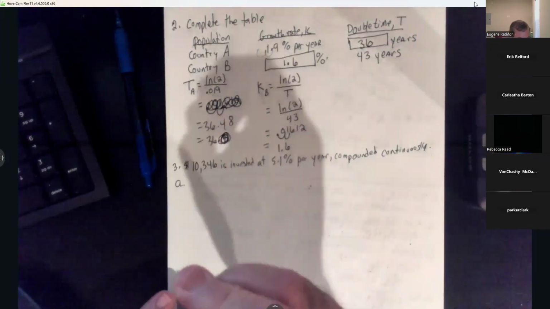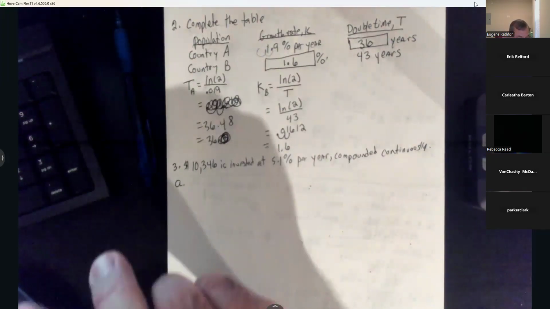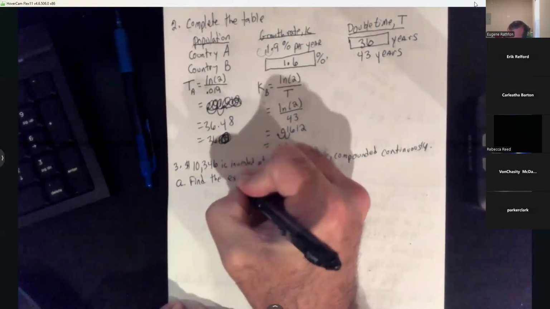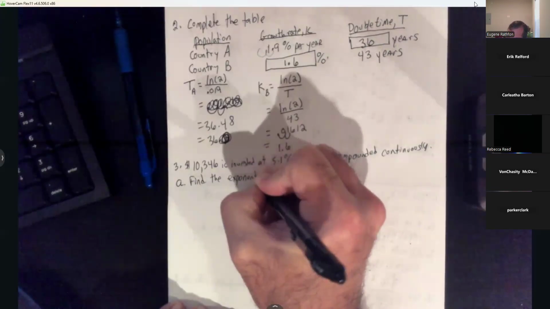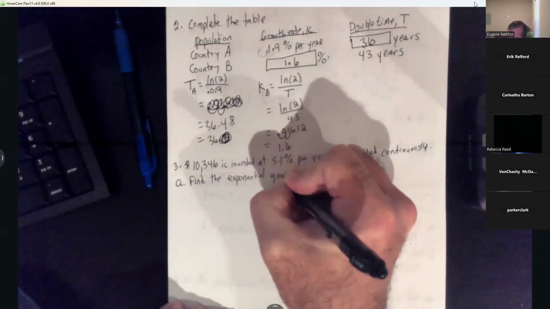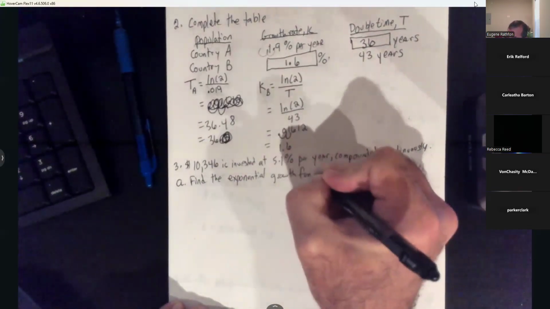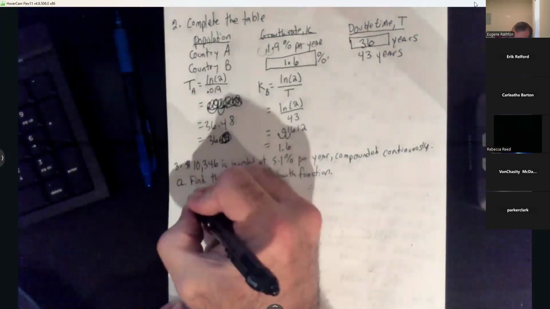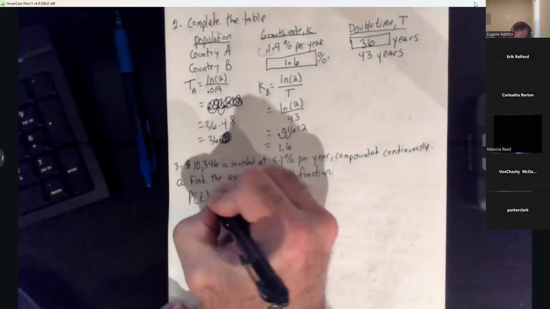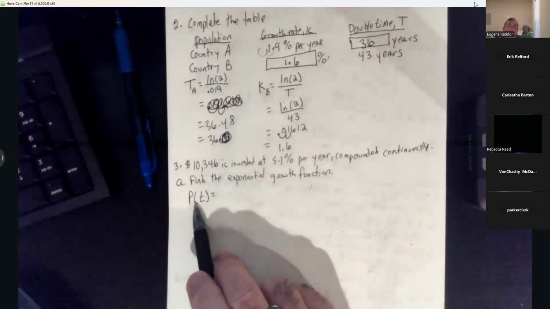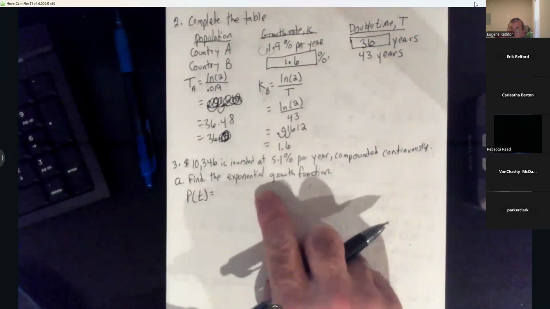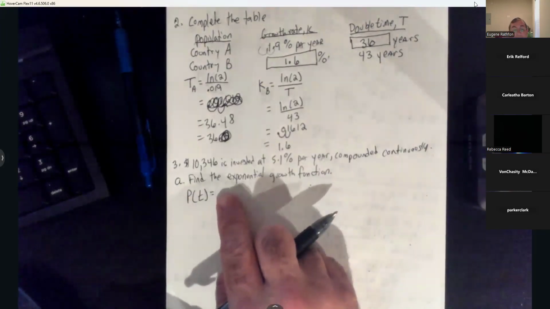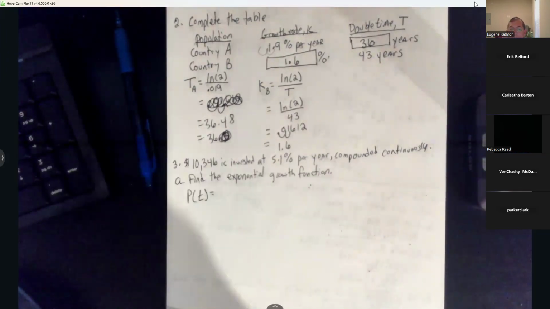So for part A, just like on the first question, they want us to find the exponential growth function. All right, so that's going to be our P of T. Now remember, MathLab's giving you the P of T. What we got to do is fill out everything in our formula. So we need our P original, our original investment.